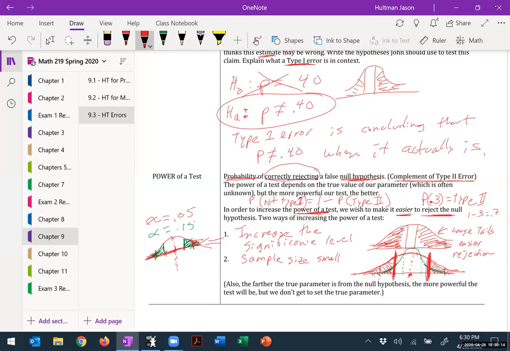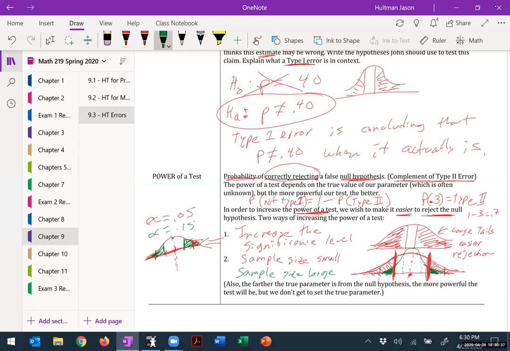But if my sample size is large, then I get really small tails. That's these guys right here. For the same cutoff, I get really small.